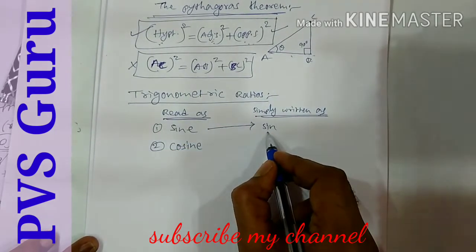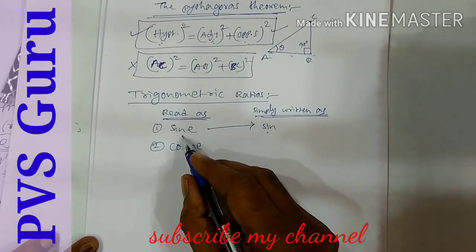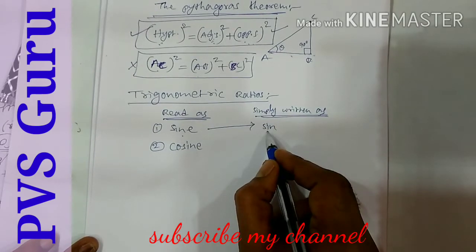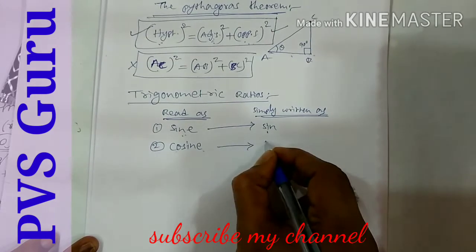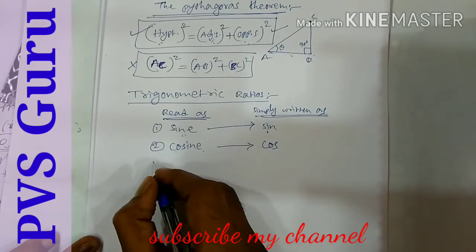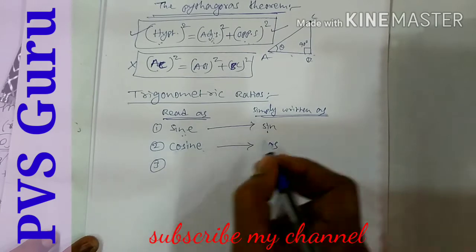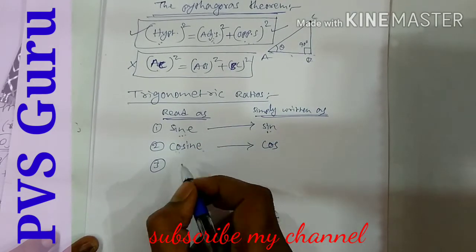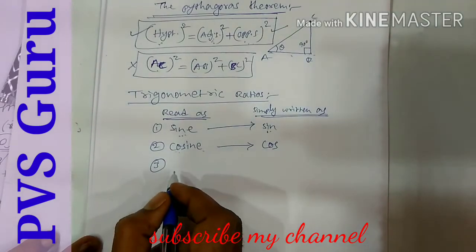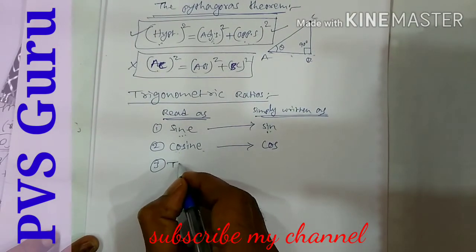Cosine you write as cos. So the first one, sin, you read as sine. Cos, read as cosine. Next, the third one, tangent.